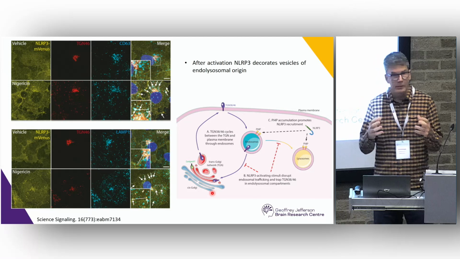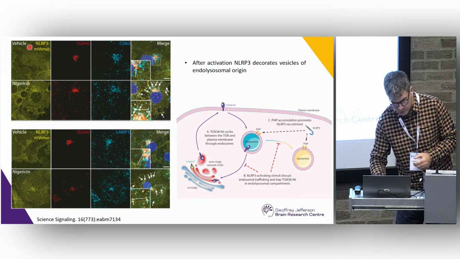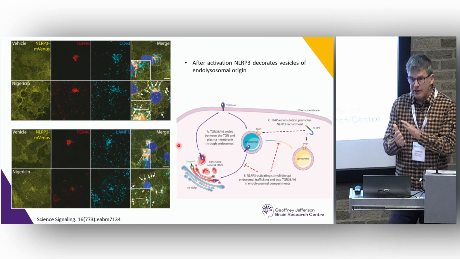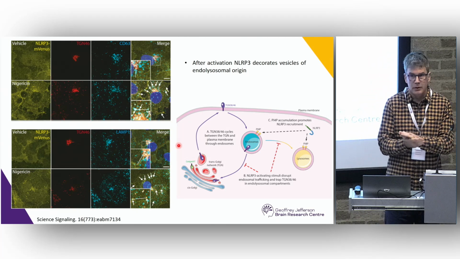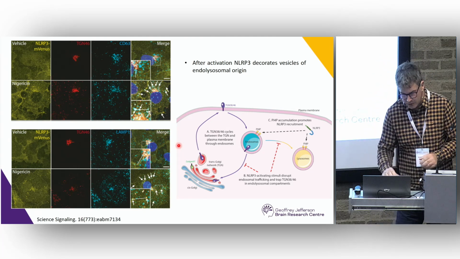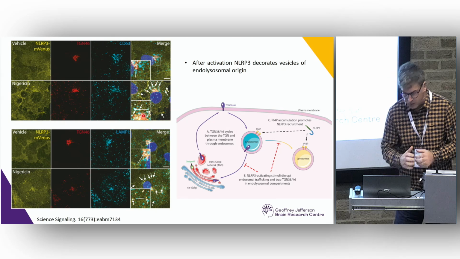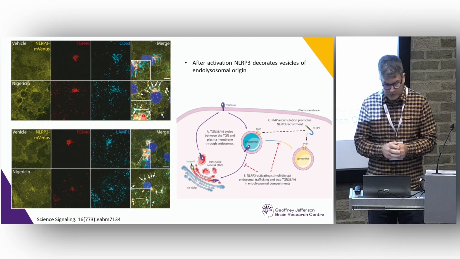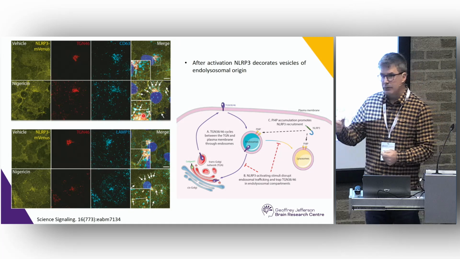When we looked at NLRP3 in these cells, this is NLRP3 labeled with mVenus, which is a fluorescent protein. At rest, the NLRP3 is largely cytosolic, but you do see a localization on the TGN. When we activate the cells, we get the TGN dispersal, TGN46 signal dispersal as described, and we see a co-localization now between the NLRP3 and markers of the endolysosomal system.